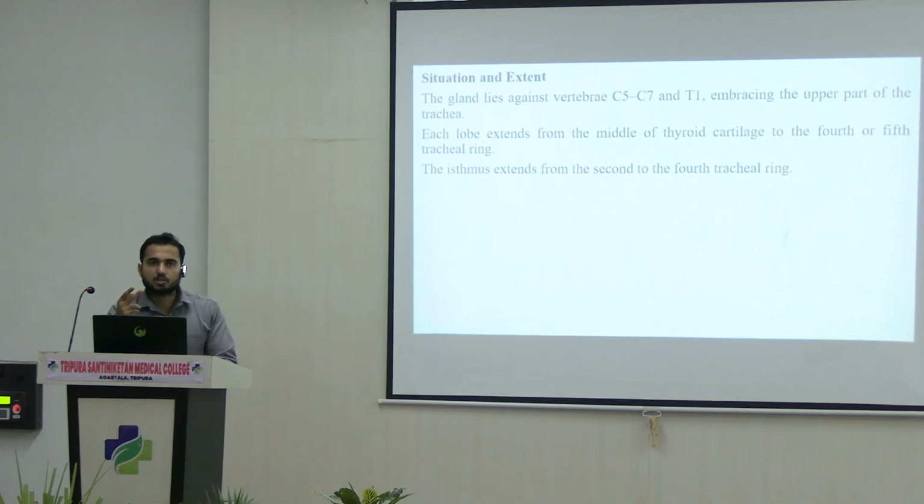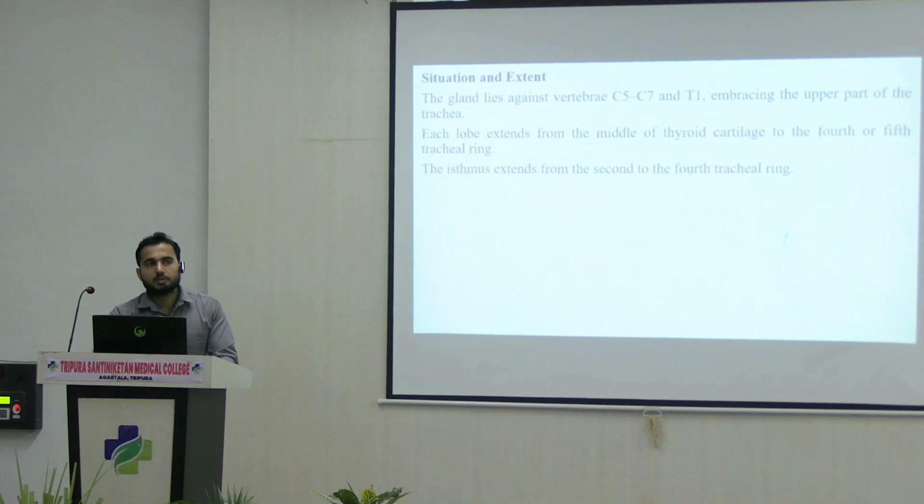I hope you have studied the trachea. Gross also we have discussed, and histology also. Do you remember the C-shaped tracheal rings? I am talking about those tracheal rings. So this isthmus extends from the 2nd to 4th tracheal rings.